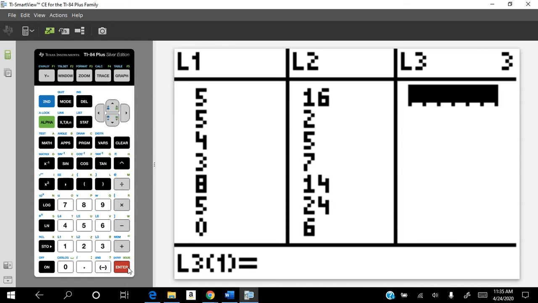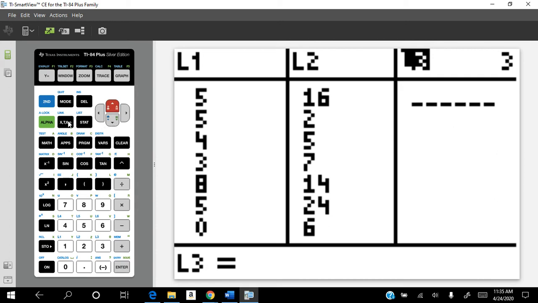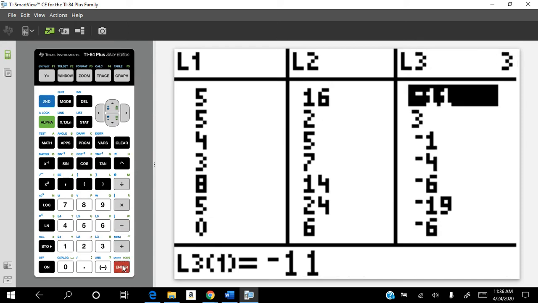So we are looking at one sample of the differences. So I'm going to come over here to L3, and I'm going to find the differences. Well, the problem said to do the caffeine group minus the placebo group, and I put the caffeine group in list 1, and I put the placebo group in list 2. So I'm going to highlight L3, and I'm going to find the differences, L1 minus L2.